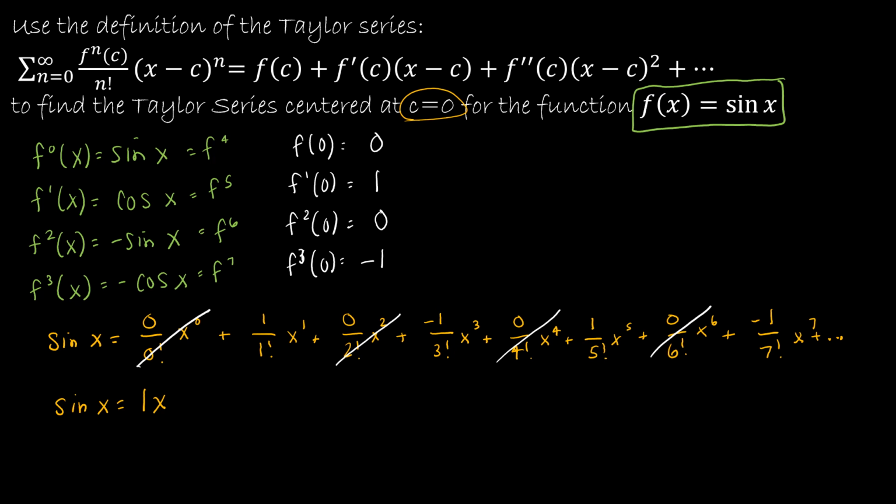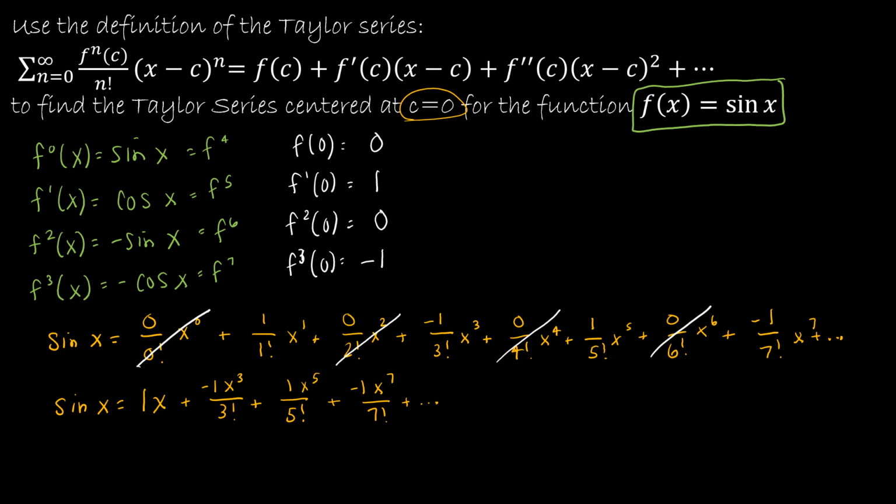My next term is negative 1 x to the third over 3 factorial, and then positive 1 x to the fifth over 5 factorial, and negative 1 x to the seventh over 7 factorial, and so on. That's why I did so many, because all of those zeros canceled out, and I needed enough left over to come up with a pattern.